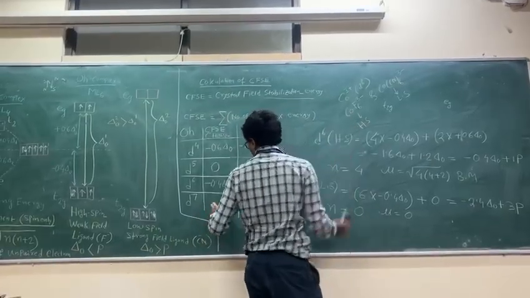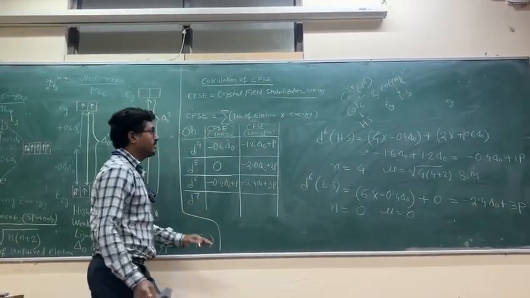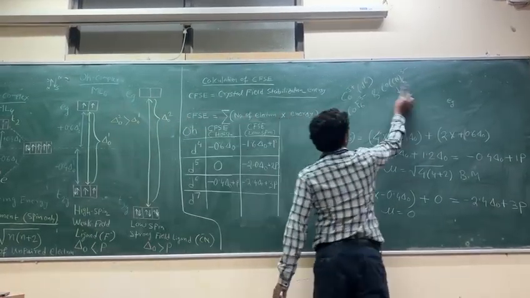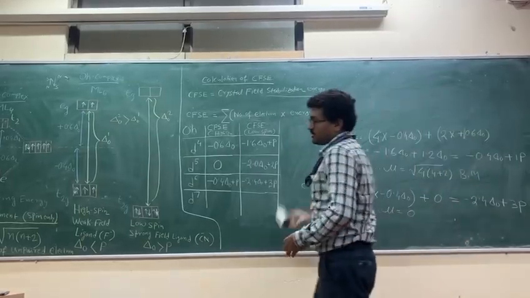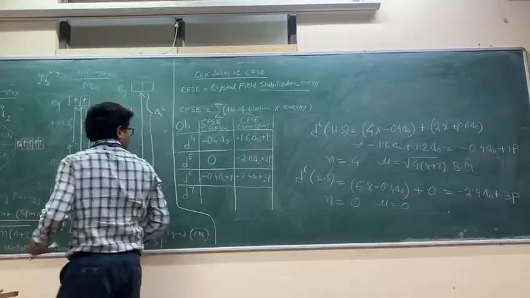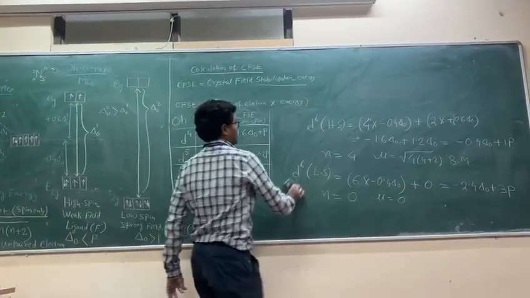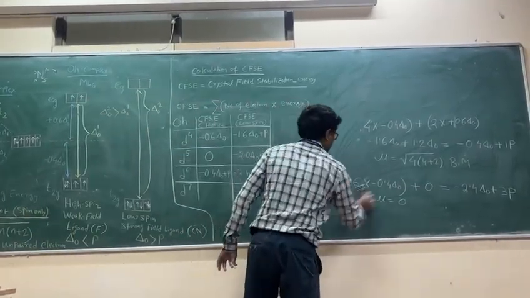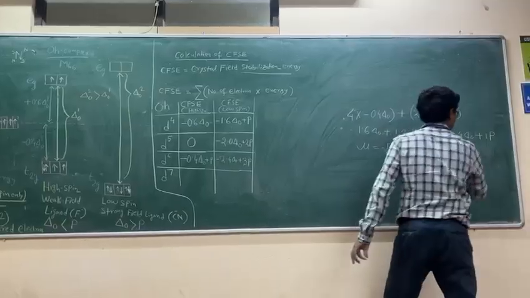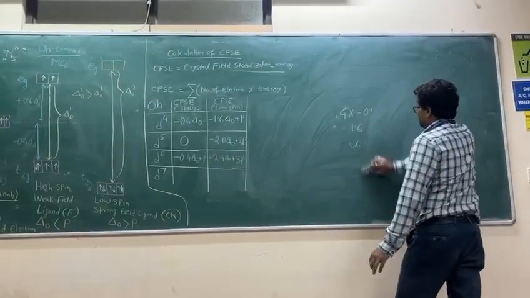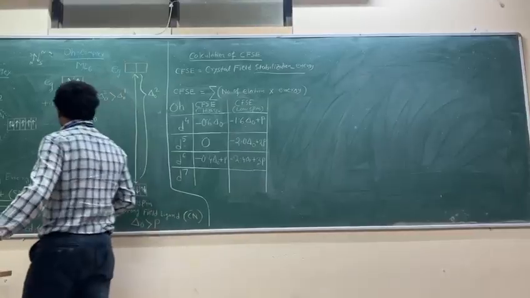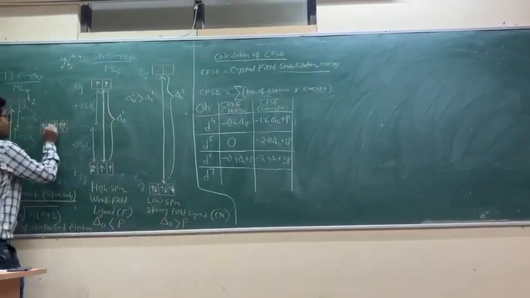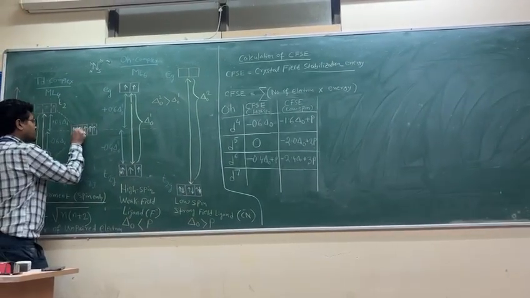Okay. Now the last one we have to calculate is d7. Next one, d7. Now in the case of the d7 system, so this is our d7.